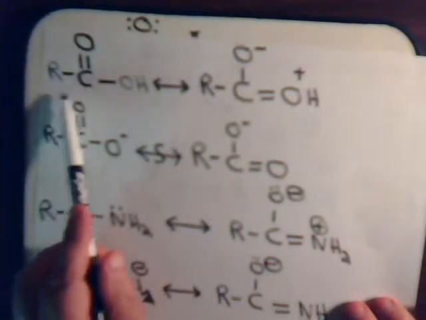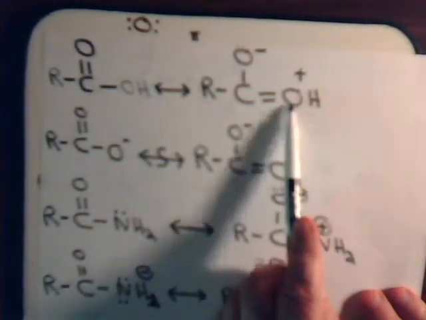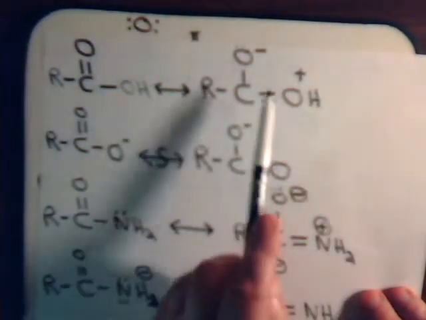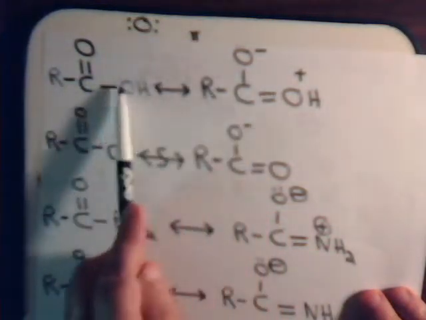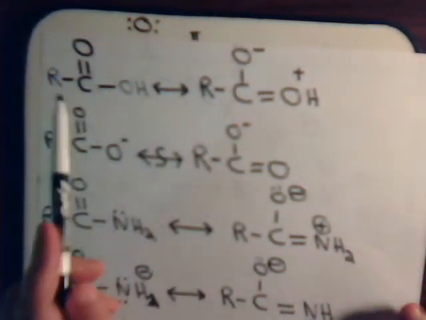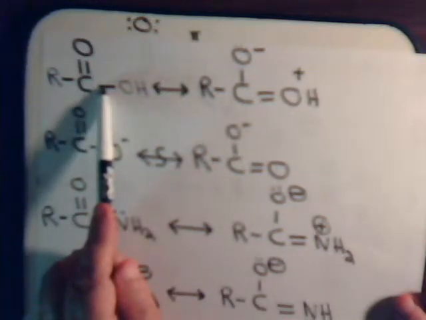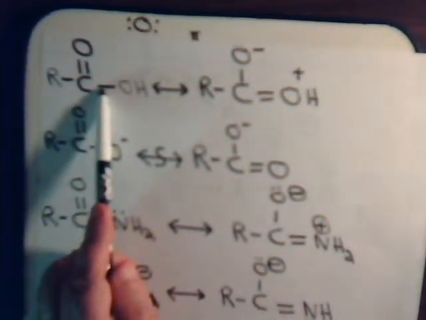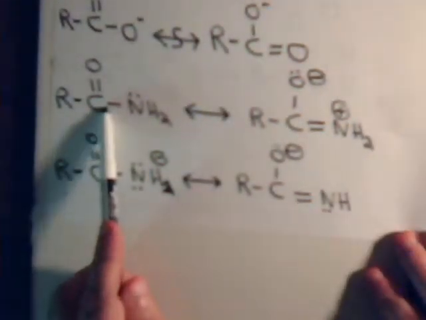Here's carboxylic acid in protonated form, and as you saw in video number 8, we can have this kind of resonance here. We have separation of charges. An electronegative oxygen ends up with a positive charge on it, so this is not a real good resonance system, which means that the carboxylic acid is not particularly well stabilized by any resonance, therefore it's a fairly active molecule. Compare that now with amide.